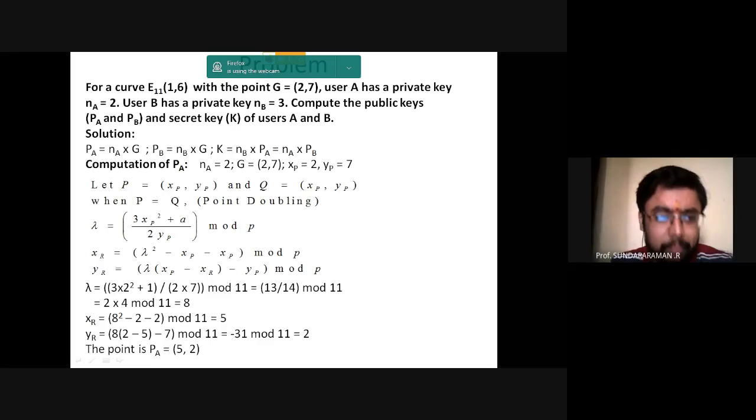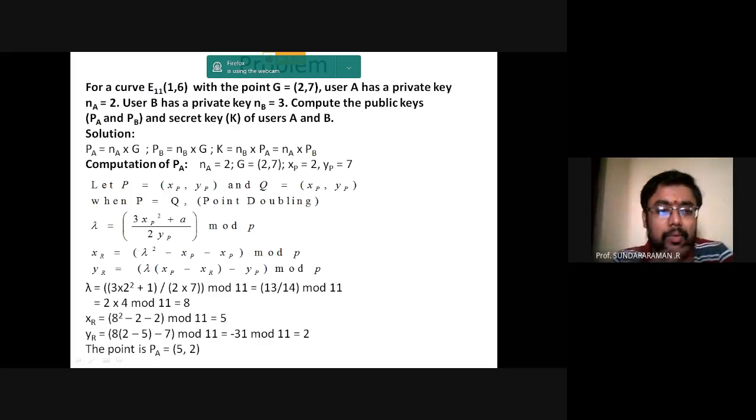Now look at the computation. Here xp is 2, yp is 7. So just apply in the lambda equation: 3 into 2 square plus 1, since xp is equal to 2, divided by 2 into 7, since yp is equal to 7.